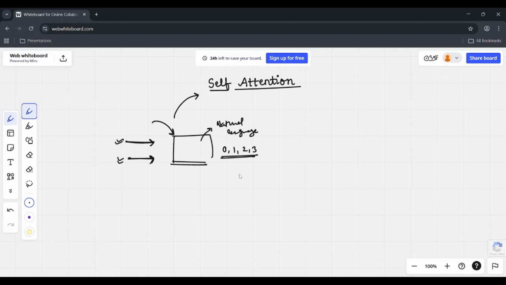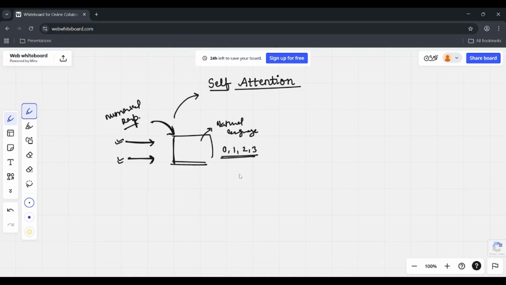The language that they speak is the language of numbers, and the language which we speak is something that they don't understand. So that is why we don't directly pass the words inside our model, we pass the numerical representation of our word. That is what our input is.